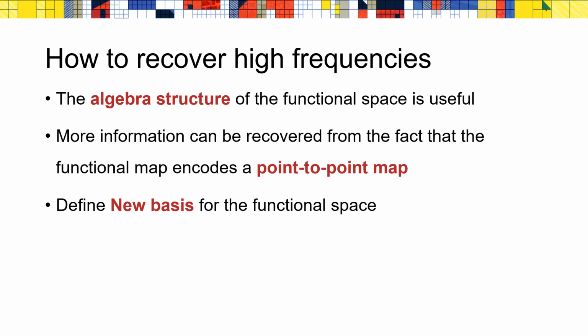Finally, another way is to define new bases for the functional space that are not given by the eigenfunctions of the Laplace-Beltrami operator. So there are several bases that have been proposed to do that, and each of them is mainly defined according to the specific application that would be faced by these new bases.